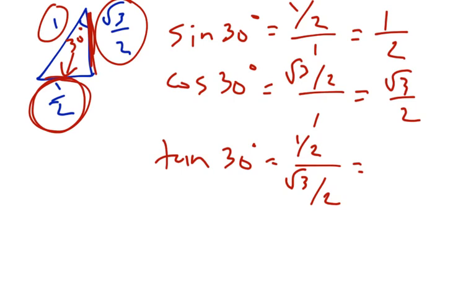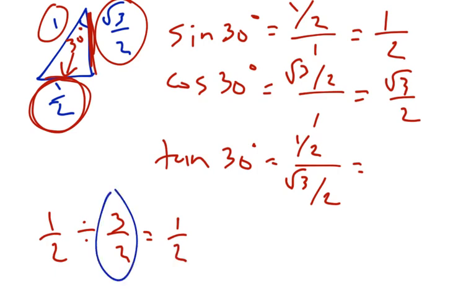So, when you divide this, and let's do it real quick over here. Okay, when you're dividing fractions, basically what you do is you flip the second fraction and then you multiply. You flip the second fraction. I'm flipping this, so it's going to be 2.